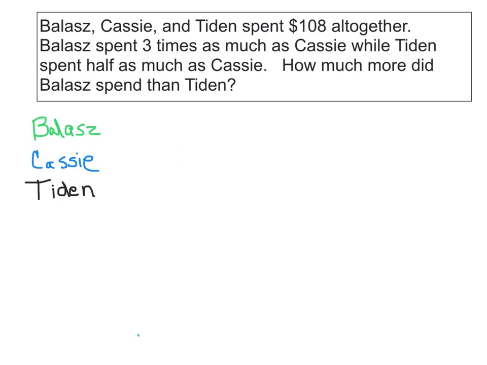I've got to go back to my story and see if I can figure out who has that smallest amount. Balazs spent 3 times as much as Cassie, so he's got more than Cassie, while Titan spent half as much as Cassie. So it sounds like Titan spent the least amount, so I'm going to give Titan the box.